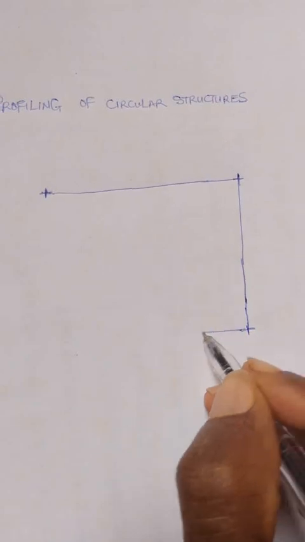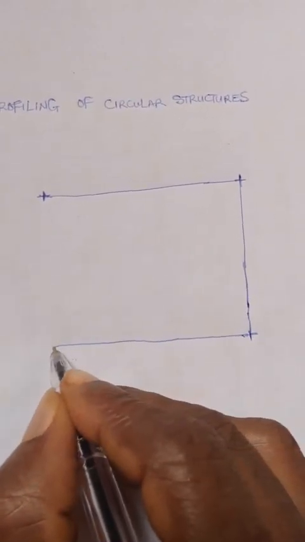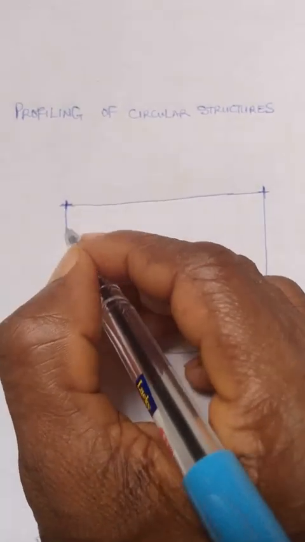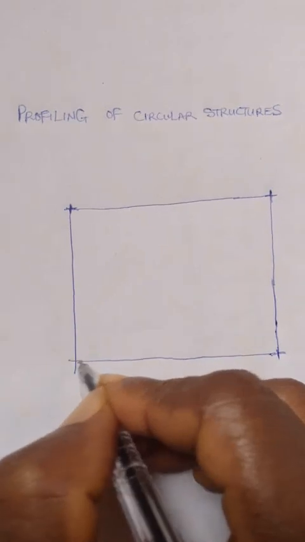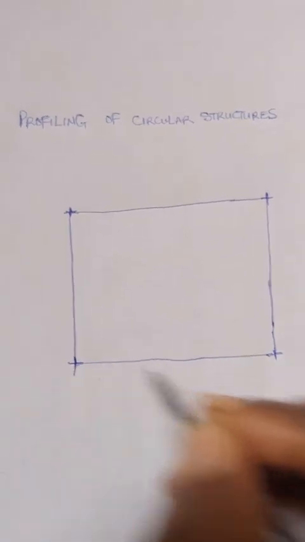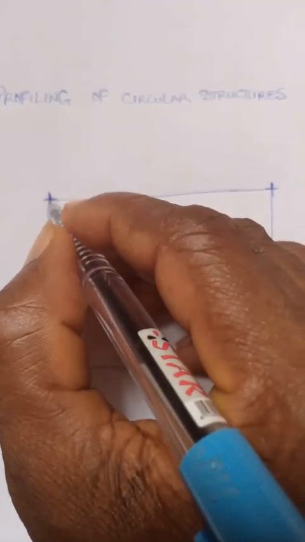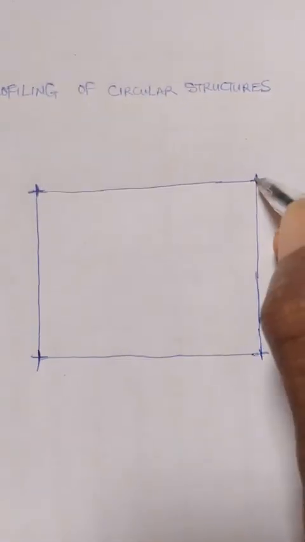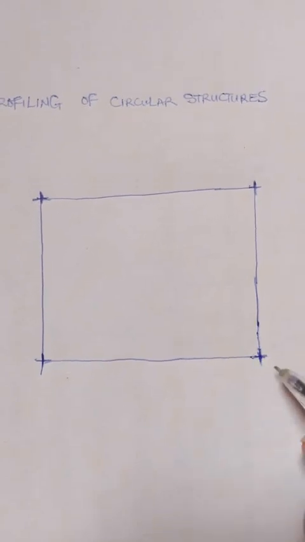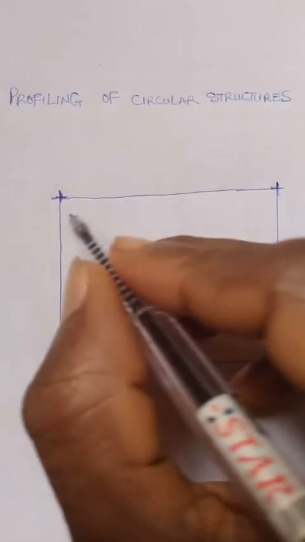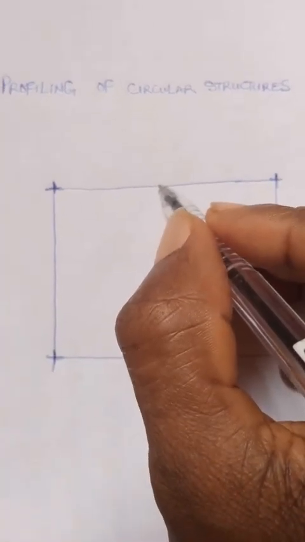You also establish this point via setting out. Once you have established these 4 points, the next thing you need to do is to divide this into 2.